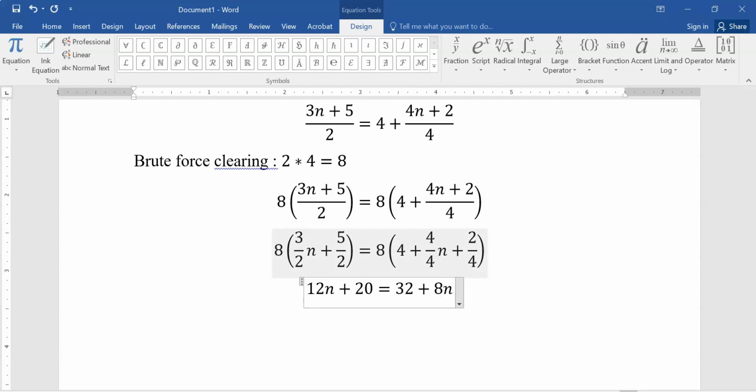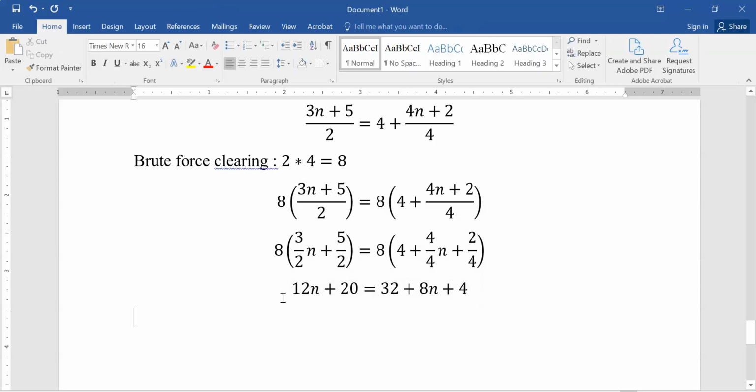So you get 8 in there. Plus 8 times 2 fourths is 4. Okay, so you get that. And now we're dealing with whole numbers.